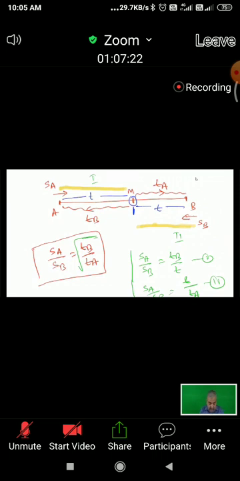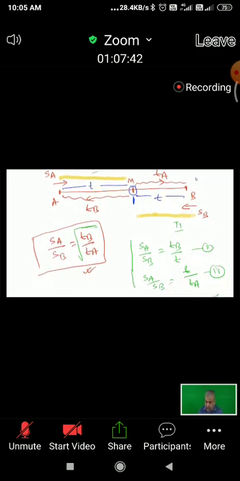See, I am explaining again. I have told you the relation is this: SA by SB equal to a square root of TB by TA, and TB and TA are the times basically after crossing each other.